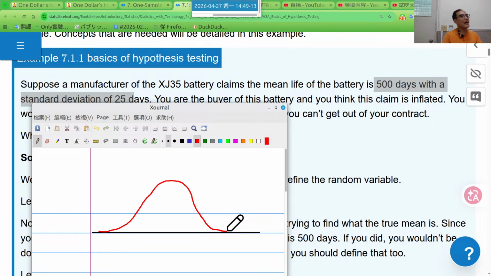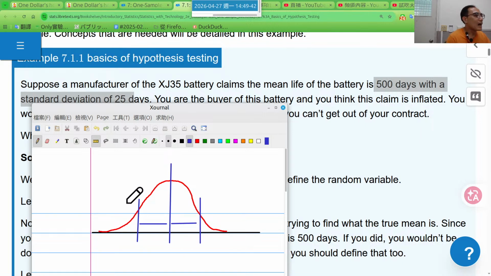When I got the information, 500 days is the average, and assume that kind of battery's life is normally distributed. And we know one thing, that here and here, sorry, my drawing is horrible, but I think you can understand it. Here is the standard deviation.